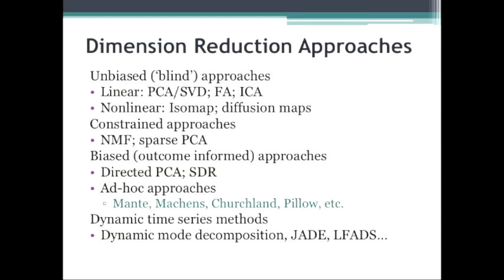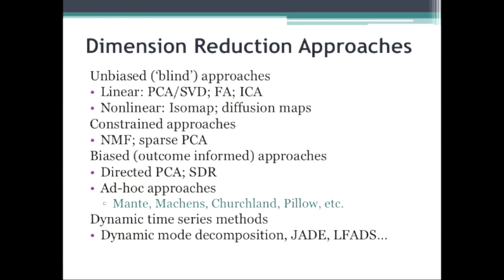But those, what I call blind methods, are not the only approaches. We also have a number of informed approaches. So if you are also, say, measuring behavior at the same time, you may want to select your dimensions that are most informative about behavior, as well as being the best approximation to your neural activity.